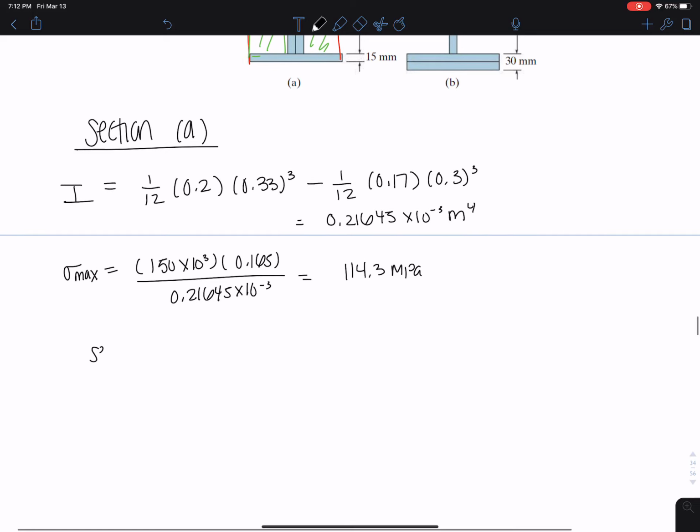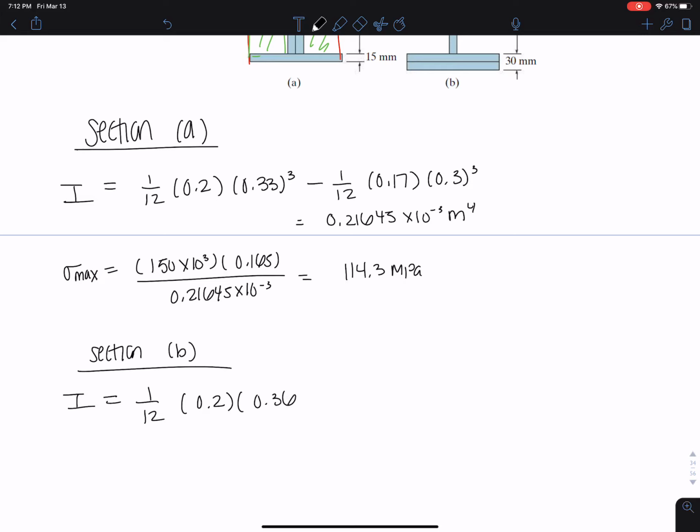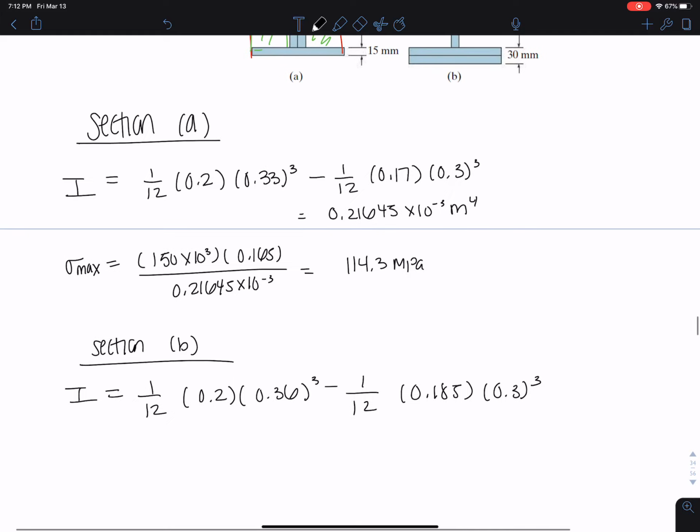And we can do the same analysis for section B. Moment of inertia is 1 over 12 times 0.2 times 0.36 cubed minus 1 over 12 times 0.185 times 0.3 cubed, and we get a value of 0.36135 times 10 to the negative 3 meters to the fourth.